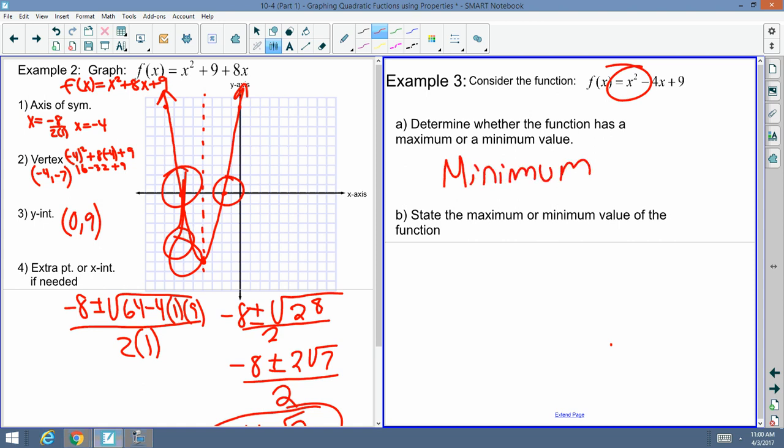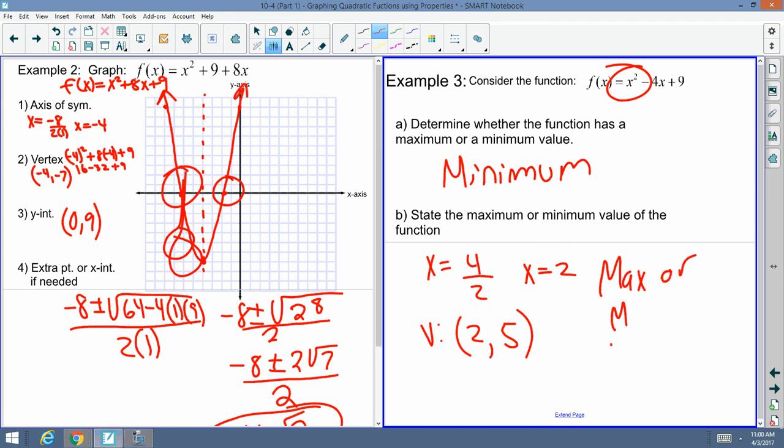Now, state the maximum or minimum value. Well, to state the maximum or minimum value, I need the vertex. So I've got negative b over 2a, so x equals 2. And my vertex is (2, 4 minus 8 is negative 4 plus 9 is 5). So the max or min, pay attention to this, occurs at the x.